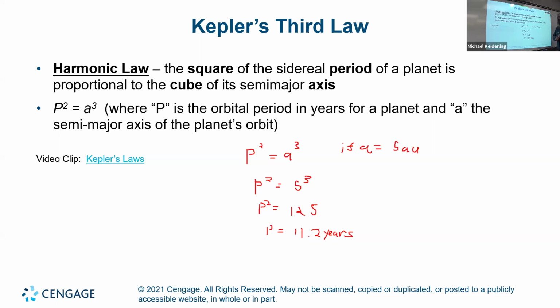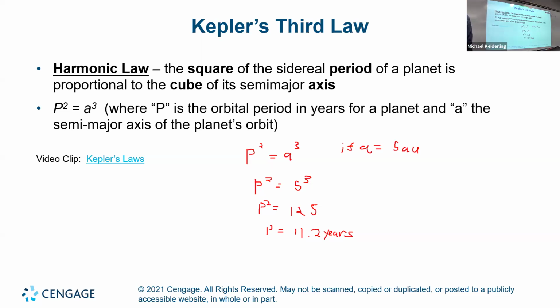So as an example, if something has an orbit with a semi-major axis of 5 astronomical units, the period squared will equal the semi-major axis cubed. So the period squared will equal 5 cubed, which is 125. The square root of 125 is 11.2.